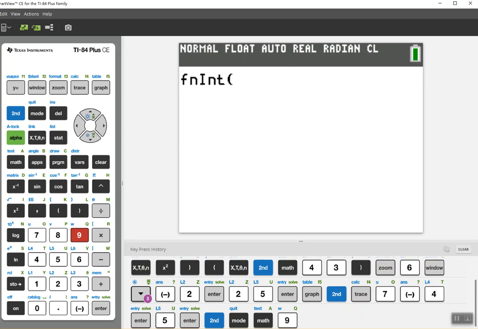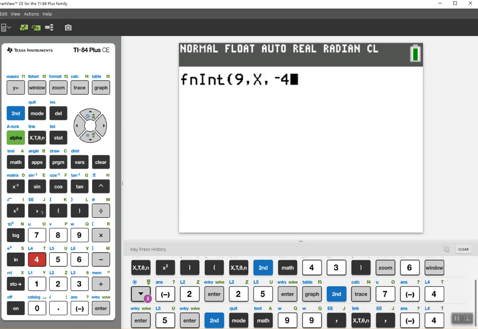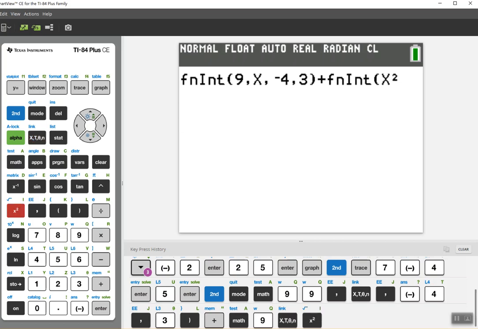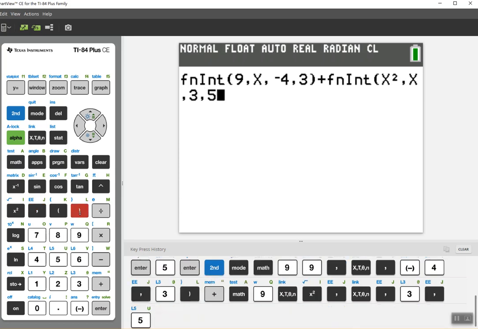And so we're going to type in the problem, basically. The first integral had 9. It was integrated with respect to x, and the bounds were -4 and 3. And then we had another integral. So again, math 9. The second integral had x to the power of 2. We integrate with respect to x from the border point 3 all the way to 5.